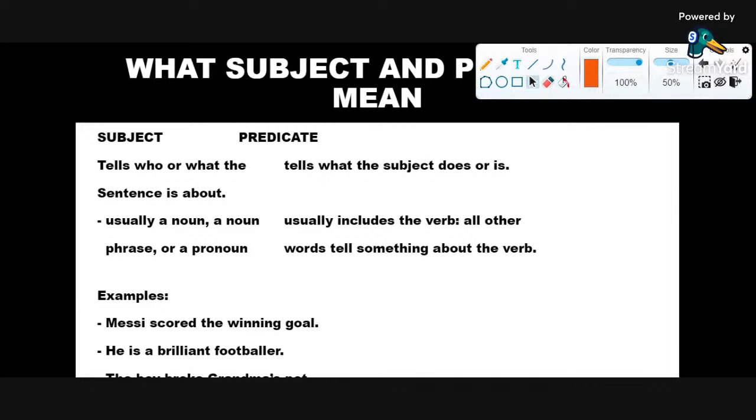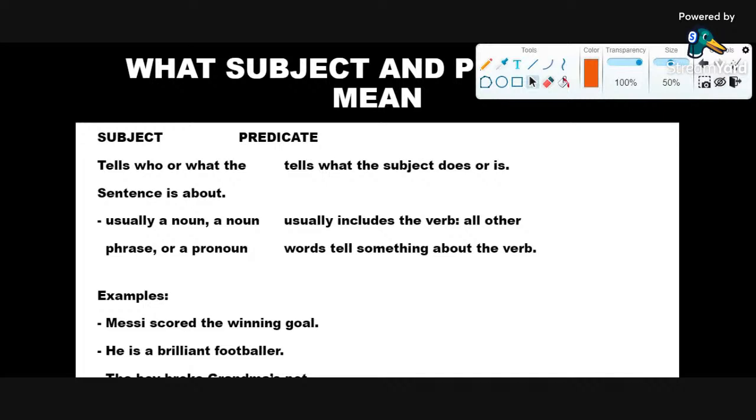Now, let's look at what subject and predicate really mean. We have already looked at this, and you can see that the subject tells us who or what the sentence is all about, while the predicate tells us what the subject does or is.